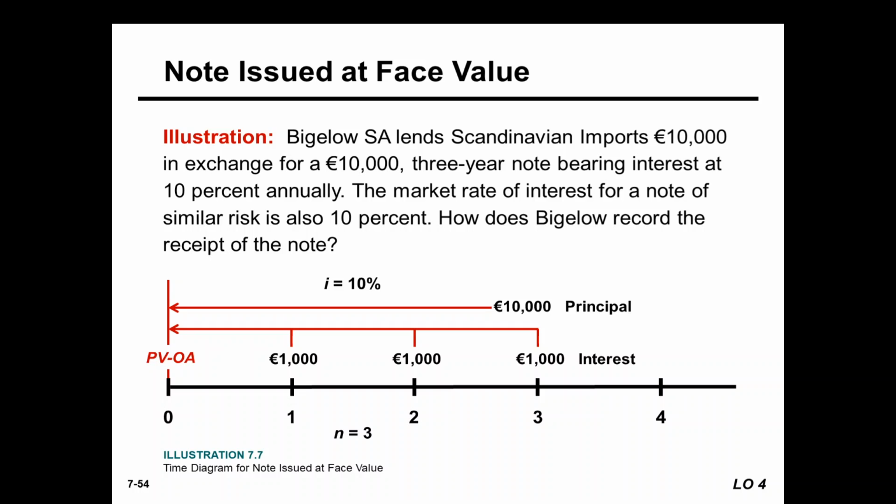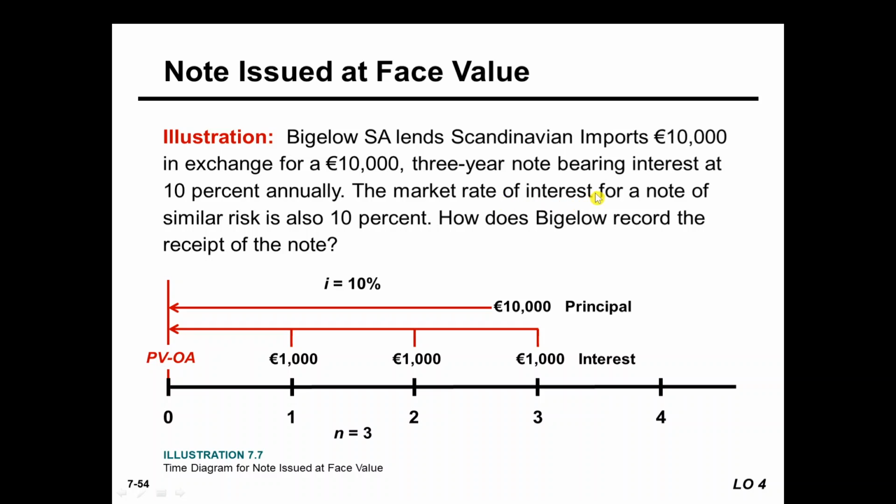This is an example of a notes receivable issued at face value. Bigelow Land sells Scandinavian imports of 10,000 euros in exchange for a 10,000 3-year note bearing interest at 10% annually.